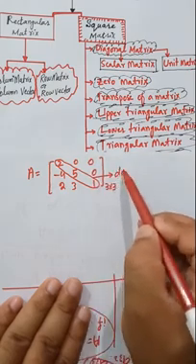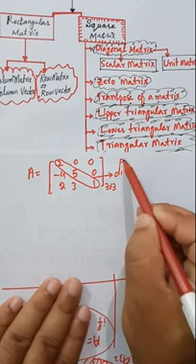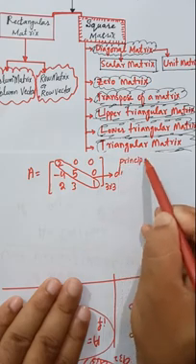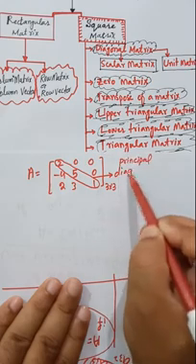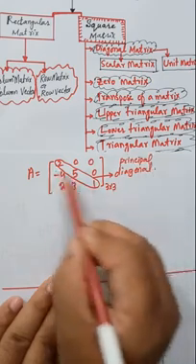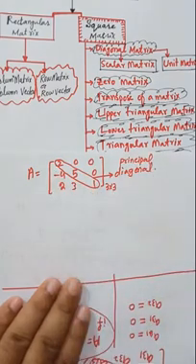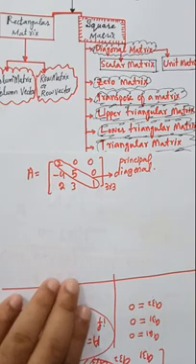So this is the principal diagonal, and above the principal diagonal all the elements are 0. Such matrices, in which all the elements above the principal diagonal are 0, are called lower triangular matrices.